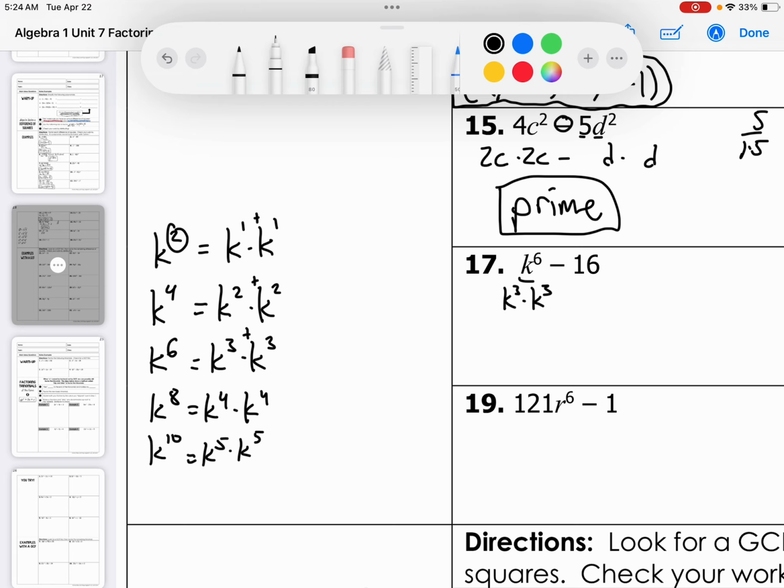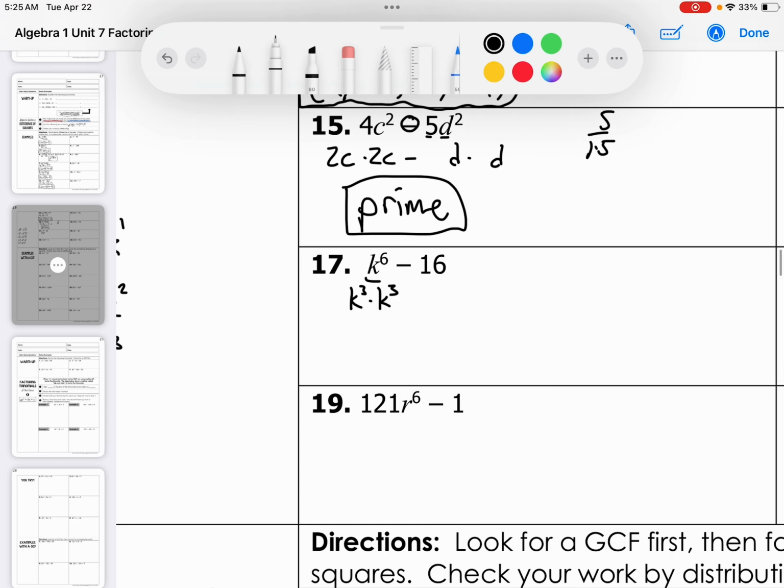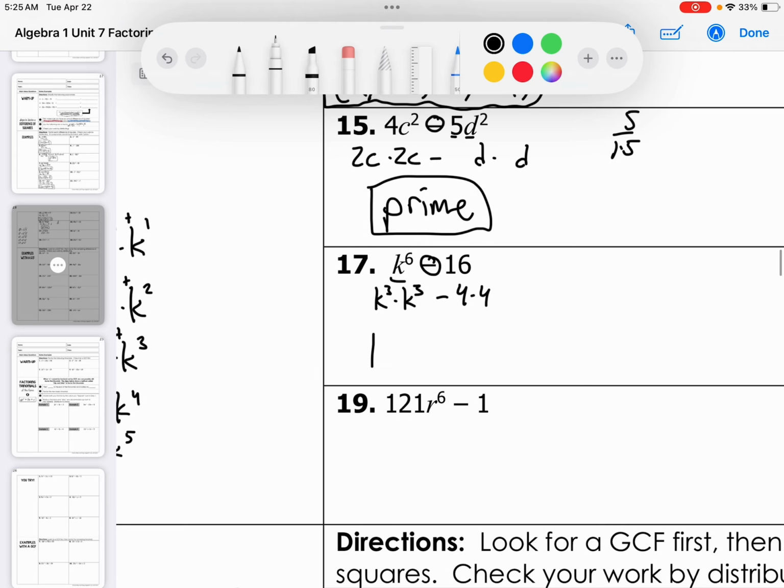So essentially, as long as I have an even exponent, I'm going to be able to break it down by splitting it in half. So k to the power of 6 would be k cubed times k cubed. 16 is 4 times 4, and we have the minus sign that we need. So this is going to give me k cubed plus 4 times k cubed minus 4.